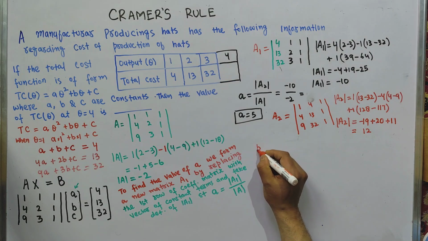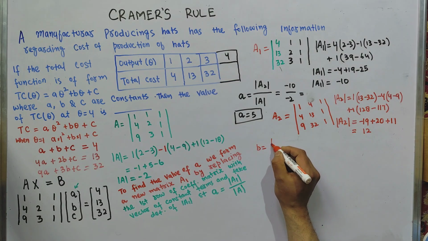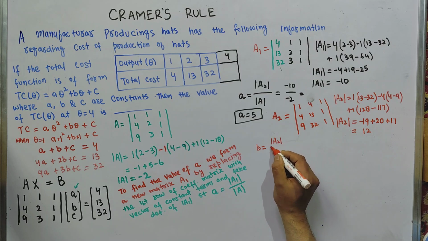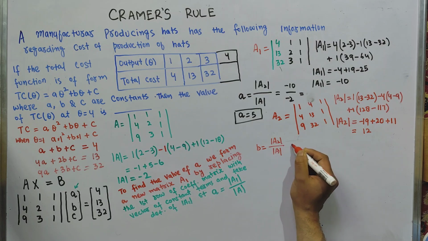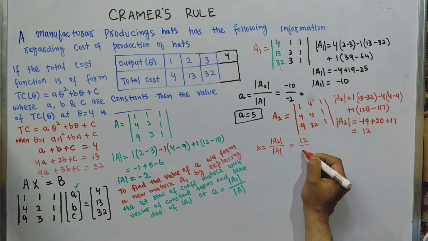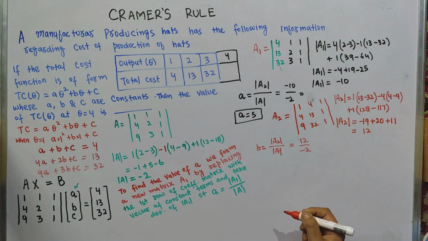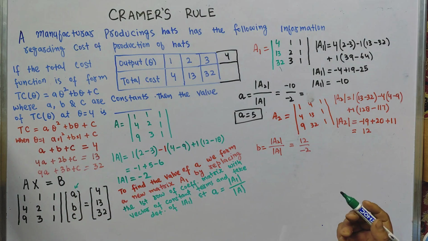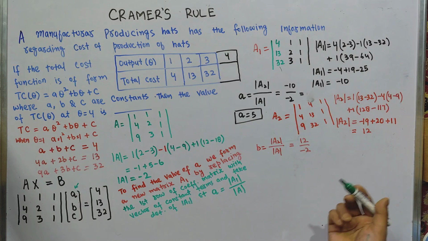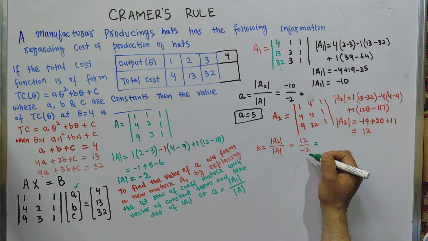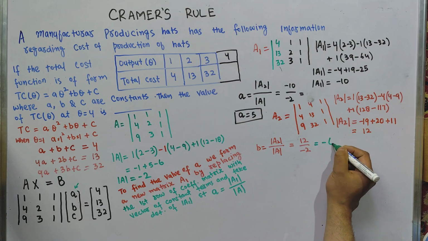So then the value of b will be equal to a2 upon a. So a2 is 12 upon minus 2. Should the value of b be negative? We are told here that a, b, c are constants, so we are not told whether they are integers or whole numbers. So this comes out to be minus 6.